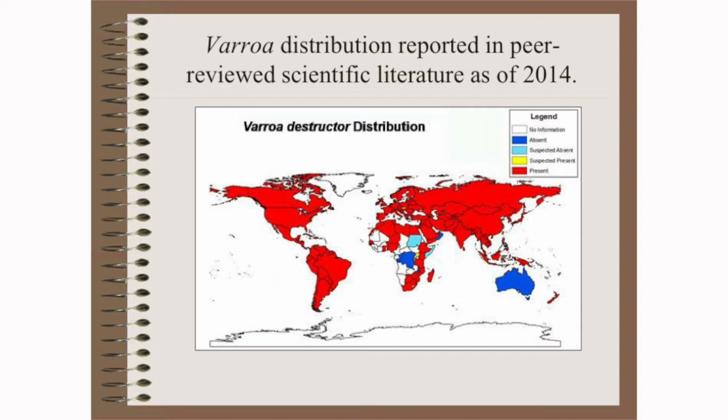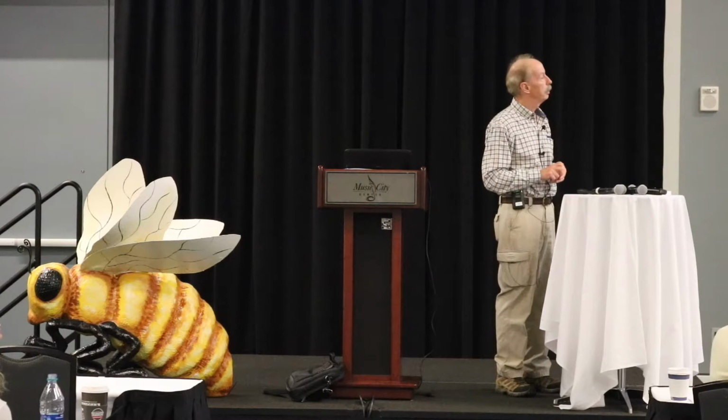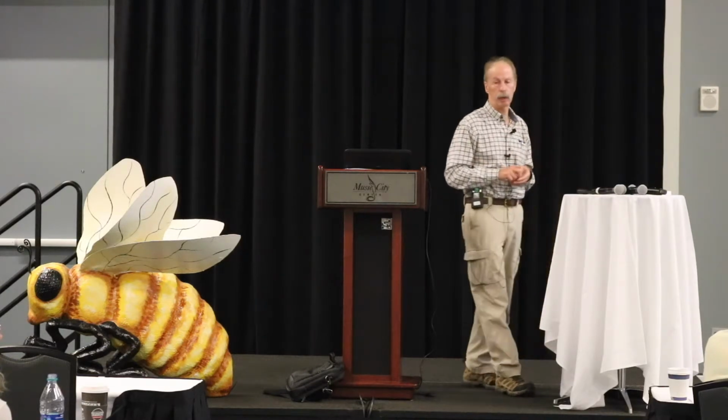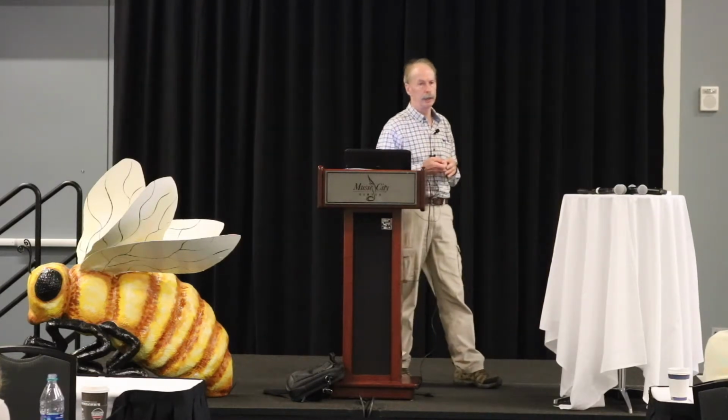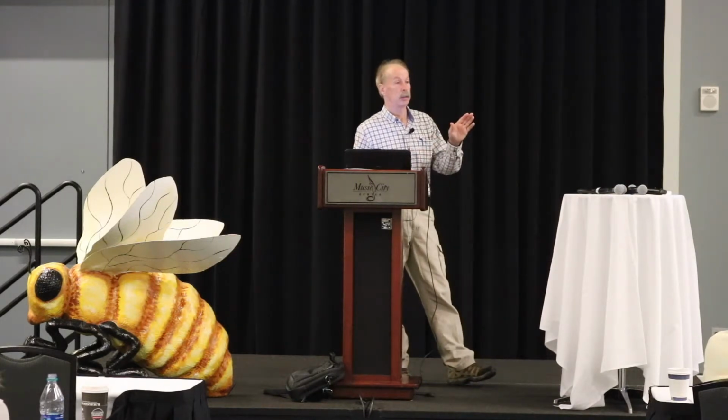And you can look, it's way up in Canada, the Arctic, everywhere. In Antarctica, but I don't know anybody's keeping bees down there. But certain places in Africa, maybe because it's just too droughty, too hot, too dry. But they're what we call cosmopolitan, spread out worldwide. So in North America, there's no place where there are no mites like these.